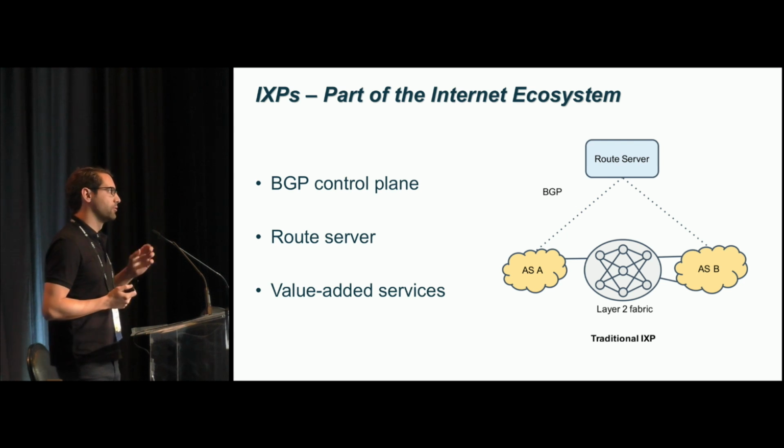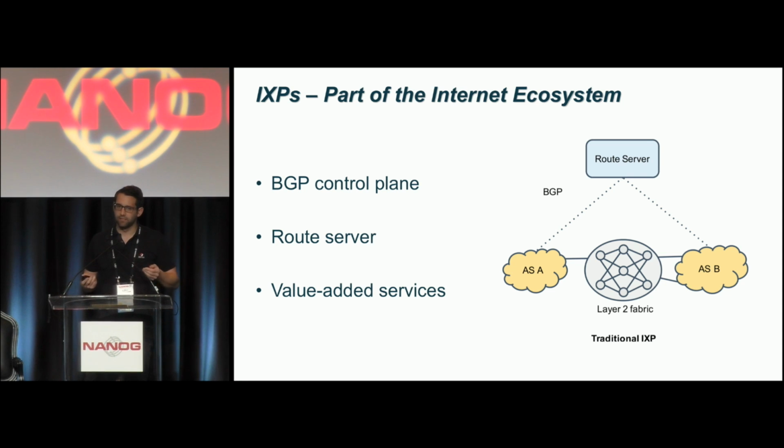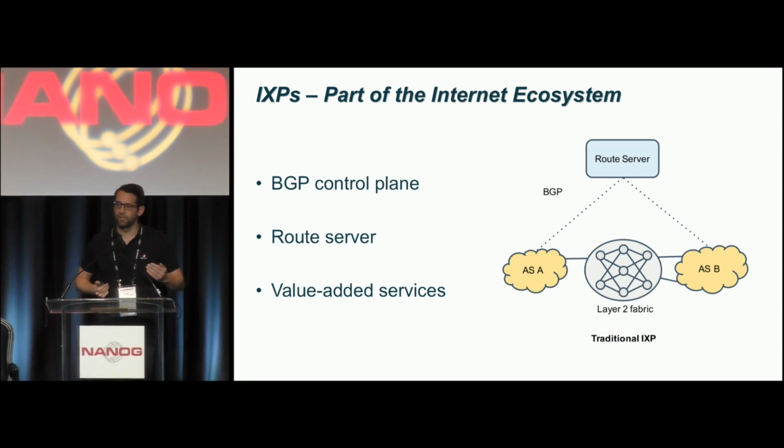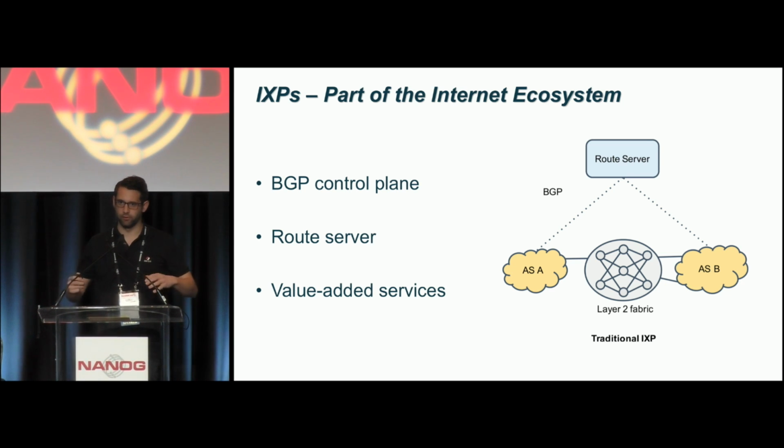Nowadays, a lot of IXPs also offer the route server as a service to the customers to make the interconnection part a bit easier. So both ASes, or in an ideal case for the IXP, everyone maintains a session to the route server. The route server gets the prefixes, does a best path selection, and redistributes them to all members.